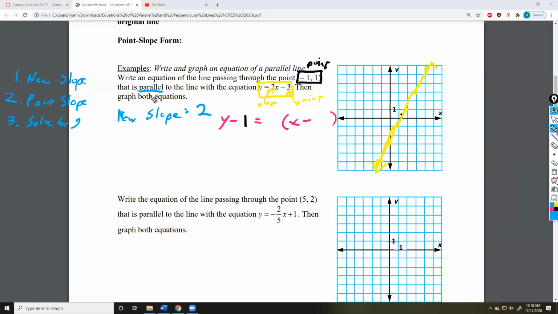Equals our slope. Well, our slope was the same because we're looking at the parallel line. So our slope is still 2 times x minus our x coordinate. Our x coordinate here is negative 1.